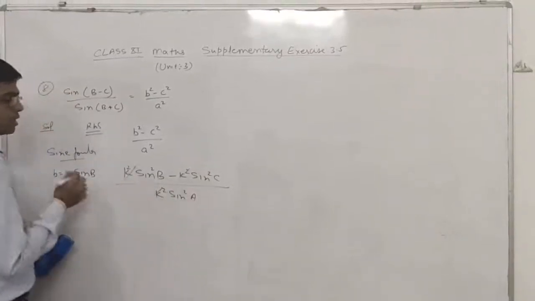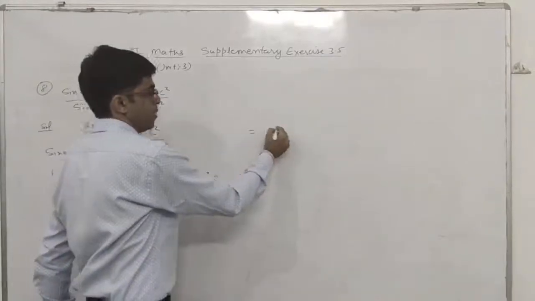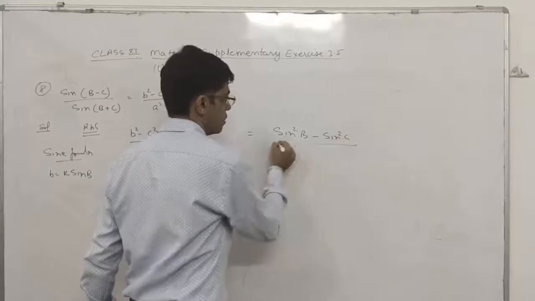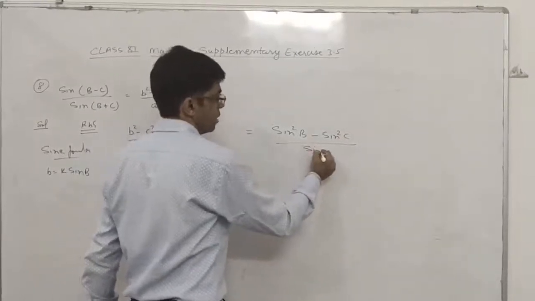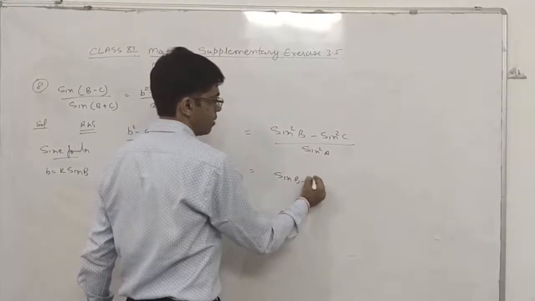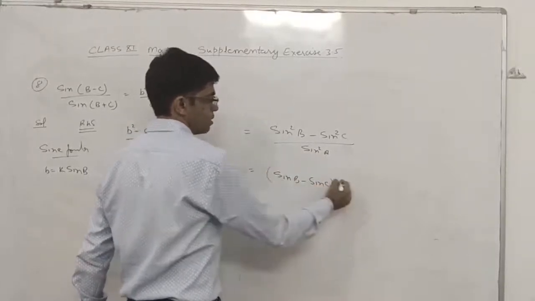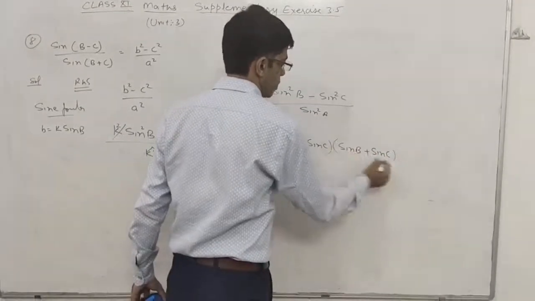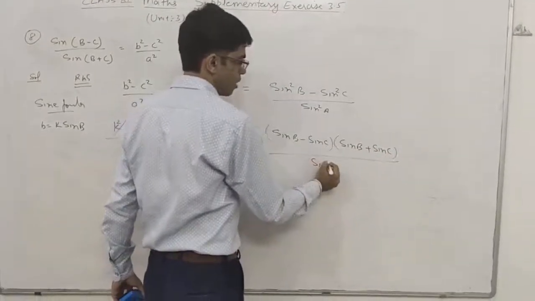All the k square cancel out. Sine square b minus sine square c upon sine square a. That is a square minus b square, sine b minus sine c, sine b plus sine c upon sine square a.